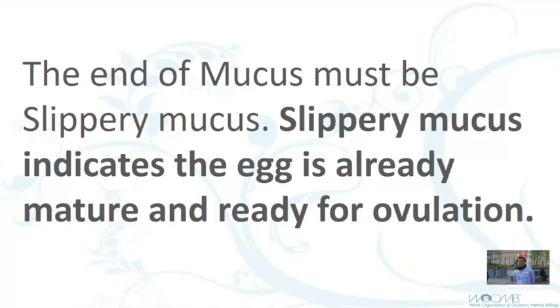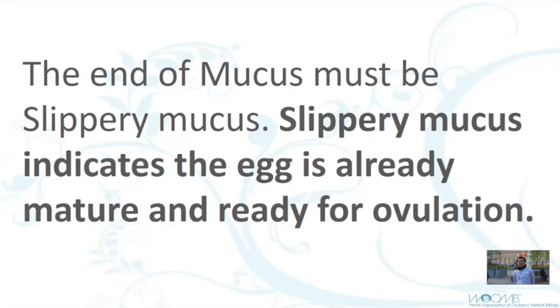It is an indicator that the egg reaches its maturity. If mucus does not end in slippery, there will be no ovulation because the egg did not reach its maturity. And if there is no ovulation, then there will be no luteal phase, which I will explain later.